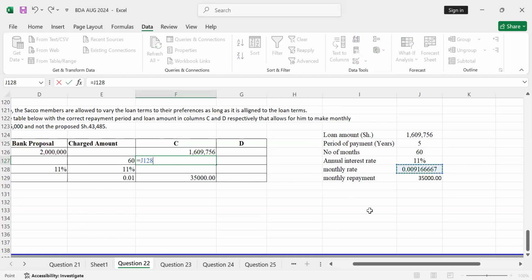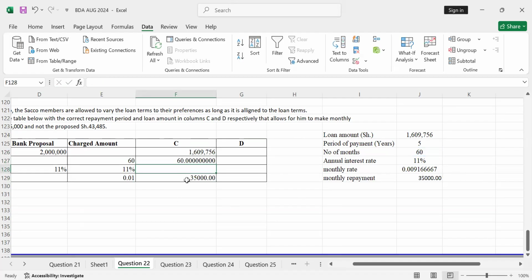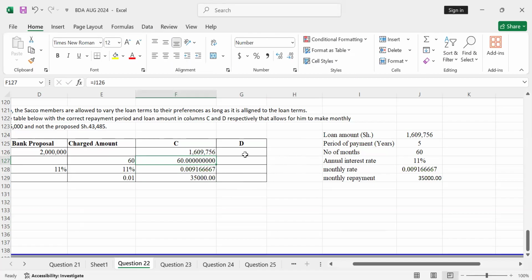On the interest rate, this should have been the number of days, 60. This should be equals the interest rate. If he pays 35,000, then in that case he can now be able to do it.